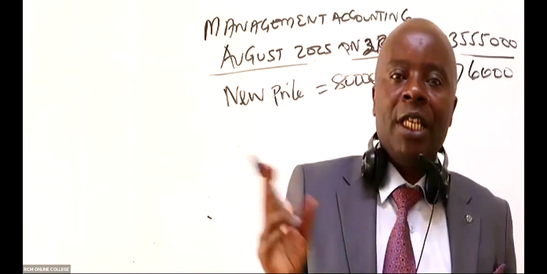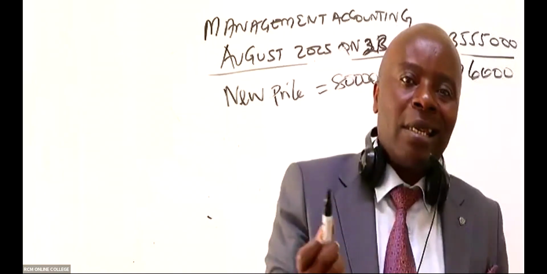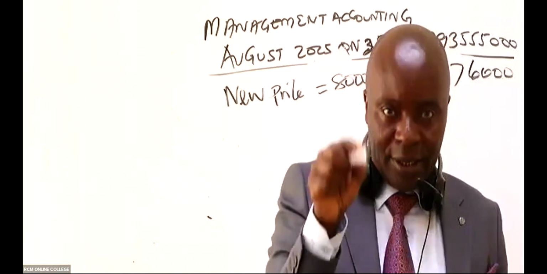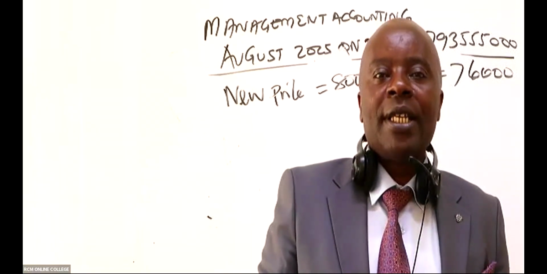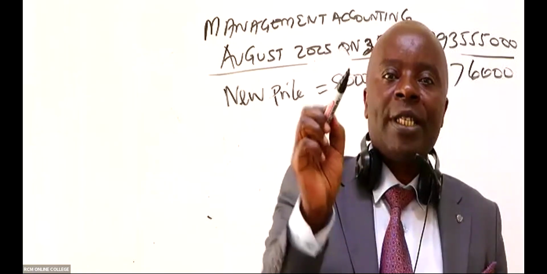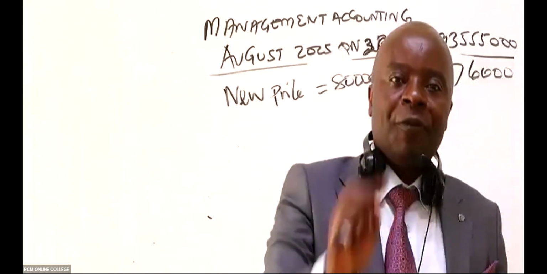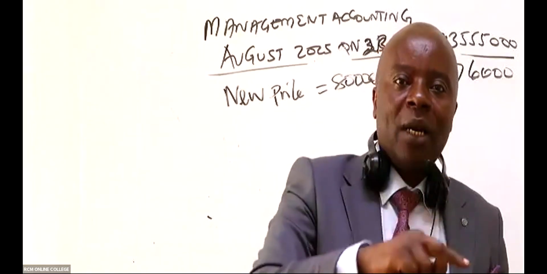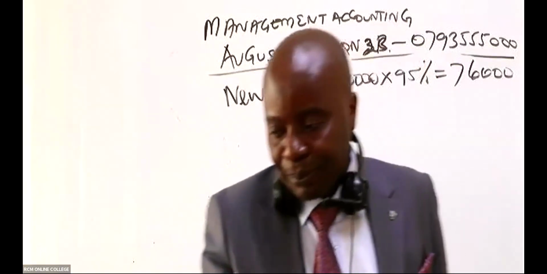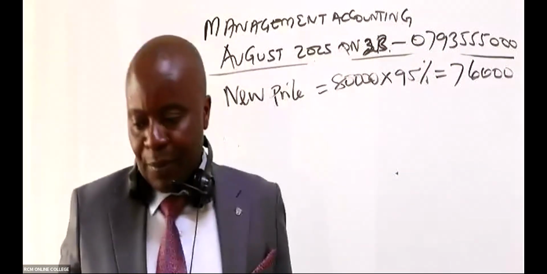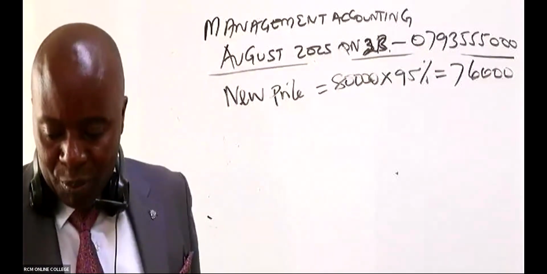But given competition, we have agreed to reduce that price by 5%. Other students in this case, I would prefer they take 5% of this 80,000, which gives them 4,000. And then they take 80,000 minus that 4,000, that still will make it 76,000. So we have the new price.